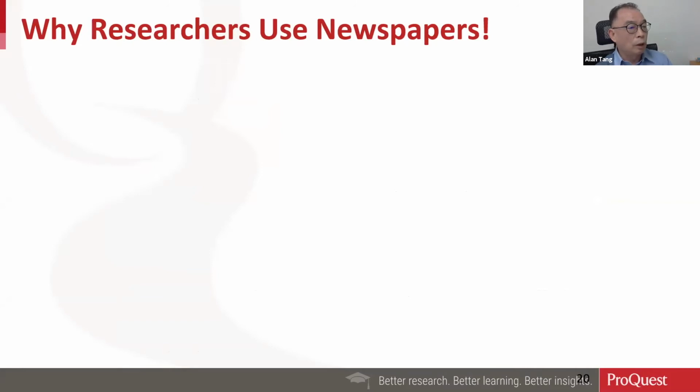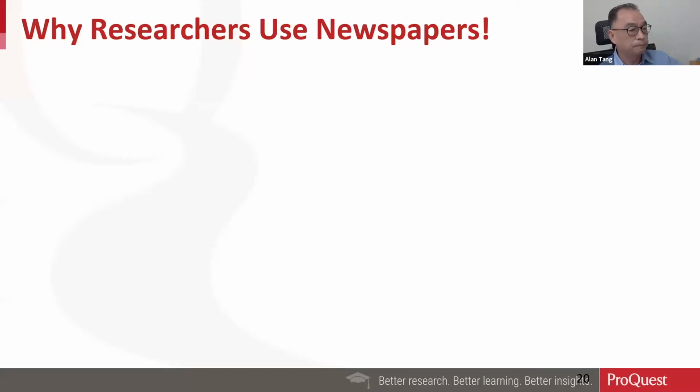And also, one more reason why researchers use newspapers: the content of the newspapers is very similar. They are all writing about maybe the same event or the same issue.